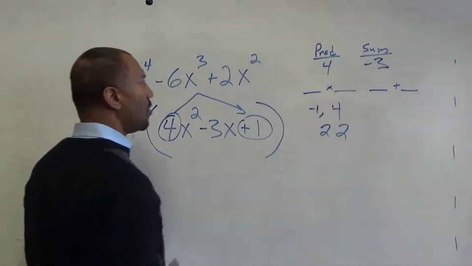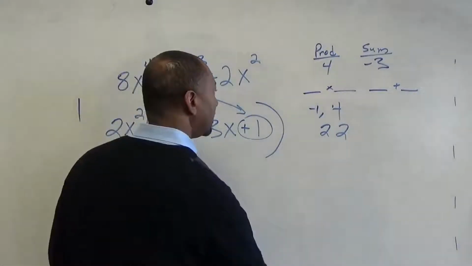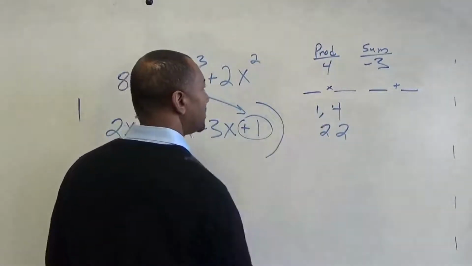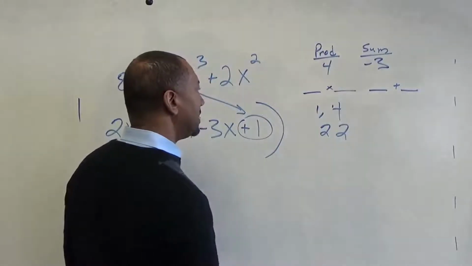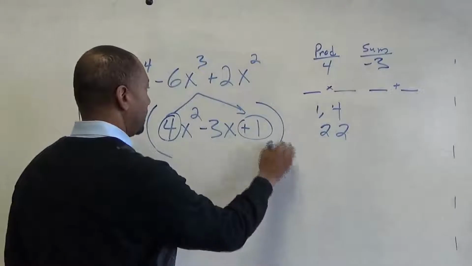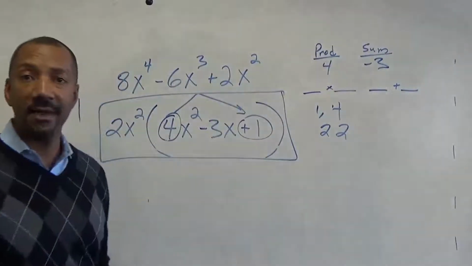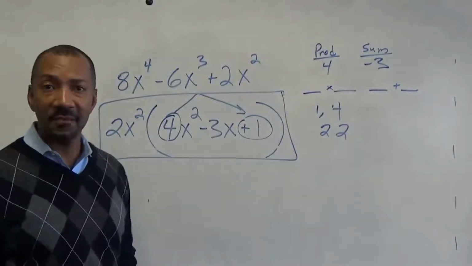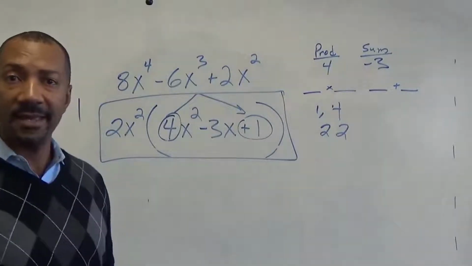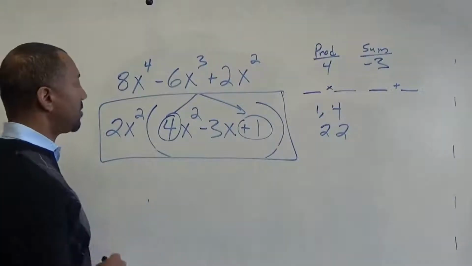And so I'm thinking, ladies and gentlemen, that this is going to be our final answer. I kind of thought we were going to have to go a little further than that, but as it turns out, we didn't. So that's as far as we go.